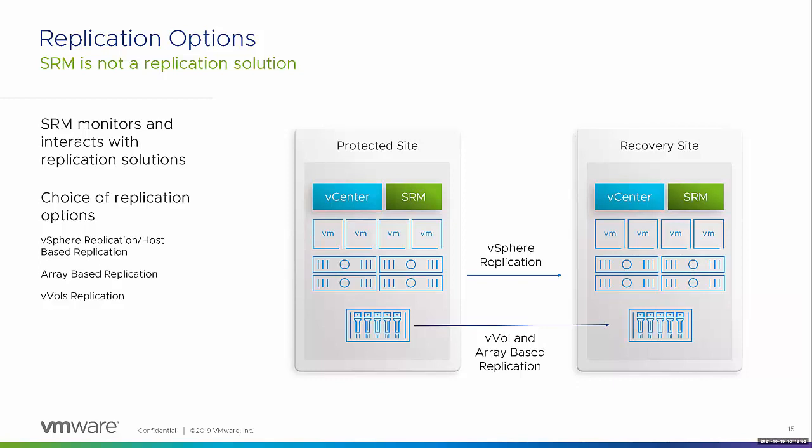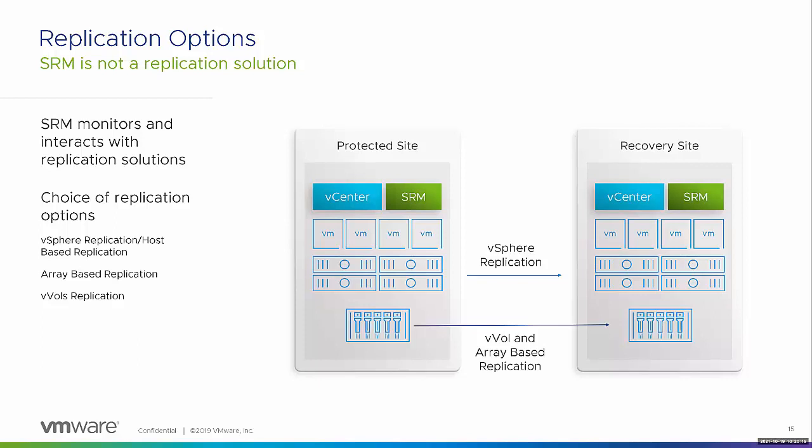If required, SRM can customize the IP addresses for the VM, change that as part of that failover process. It can run scripts either on the recovered VMs themselves, or it can run those scripts on the SRM appliance if they need to be run at a different level. So SRM can handle all of those different things as part of the recovery.